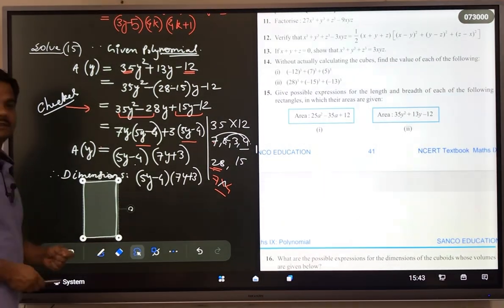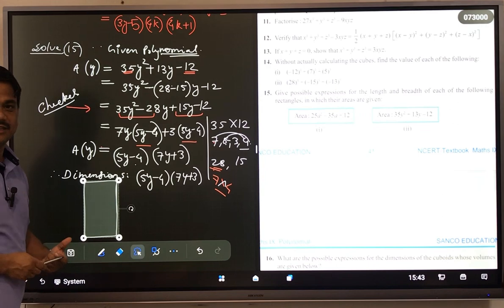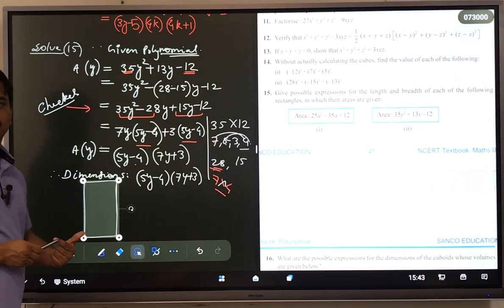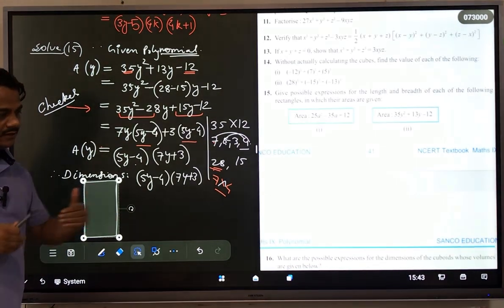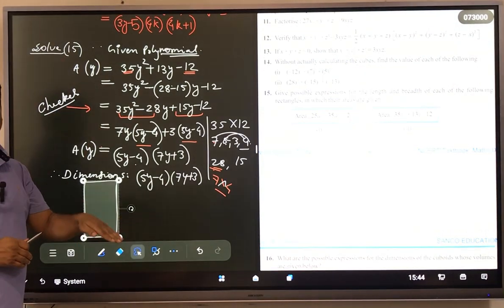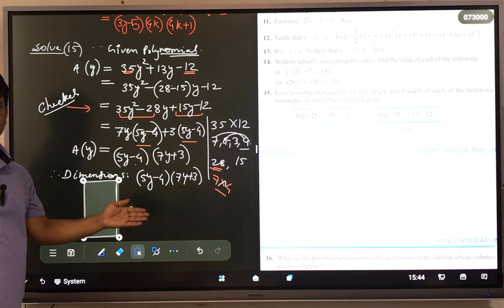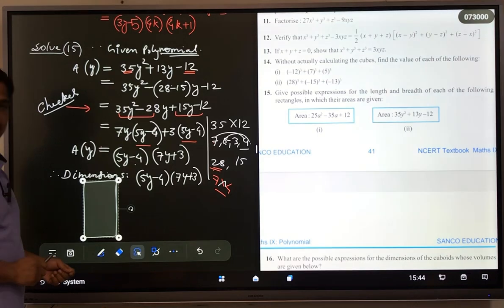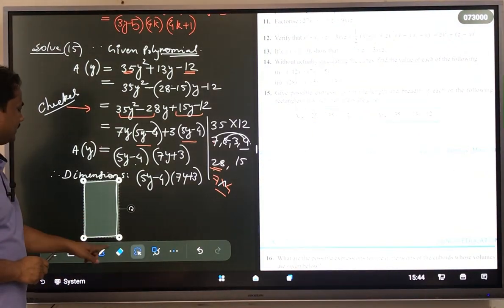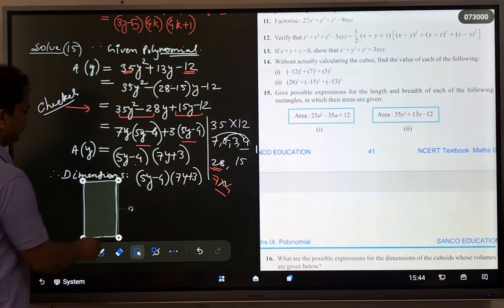Now breadth becomes shorter and length becomes much longer. So it depends on you what you are talking about. You are just taking the side, along the vertical axis or along the y horizontal axis. So it's not specified here which dimension is to be taken as the length or breadth. Hope you understood here. Got it?